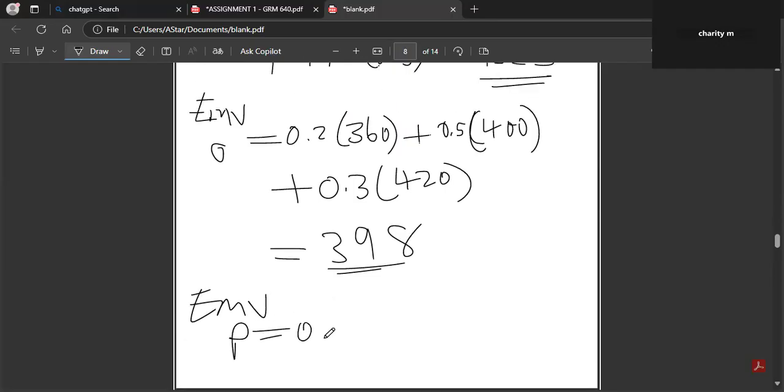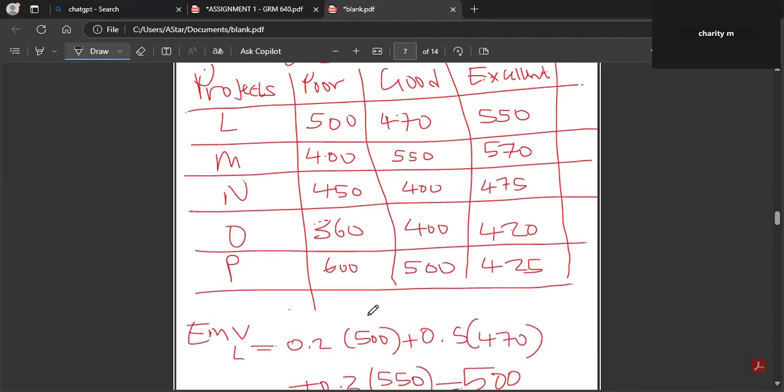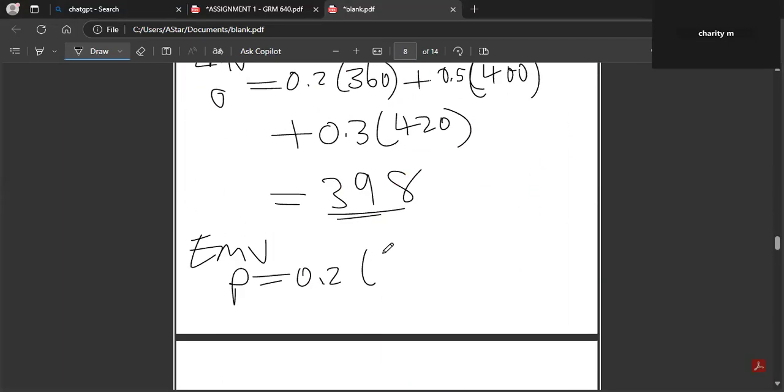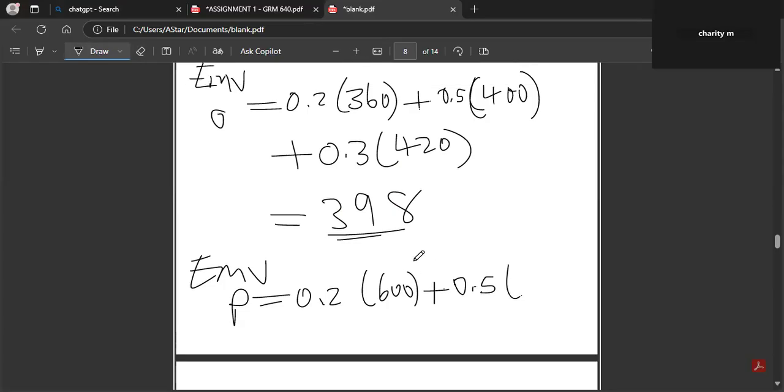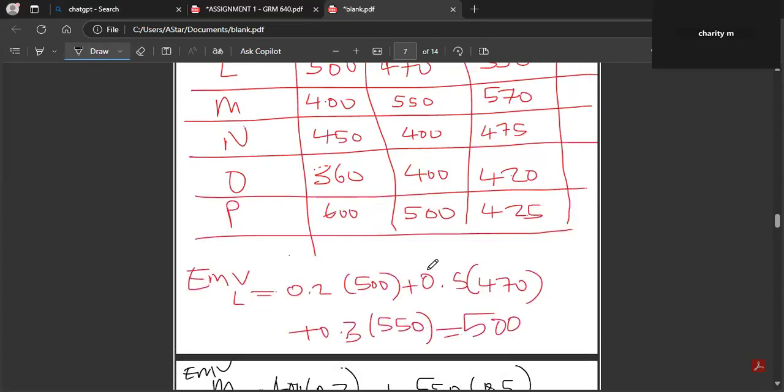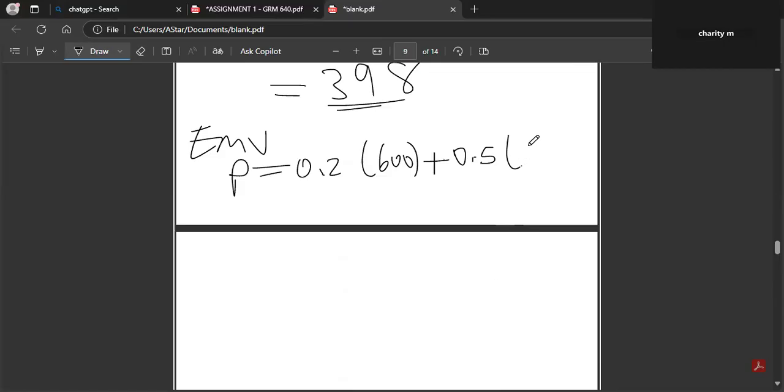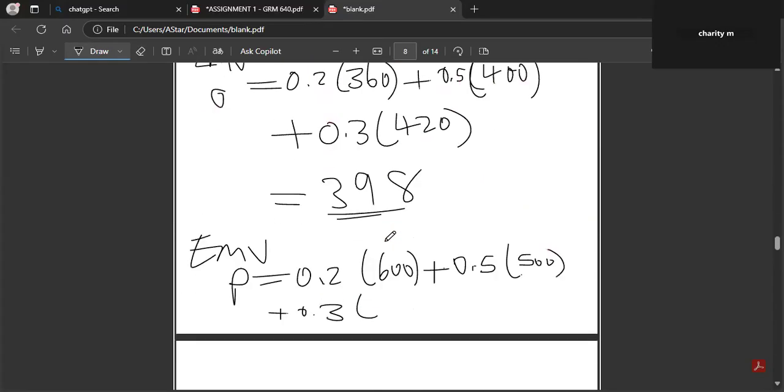is what? 0.2 on 600, then plus 0.5 by 500, then plus 0.3 by 425.